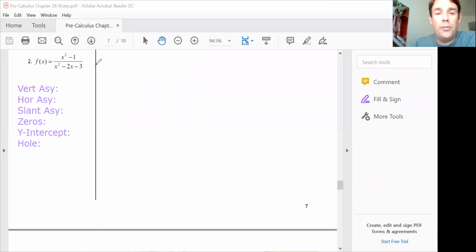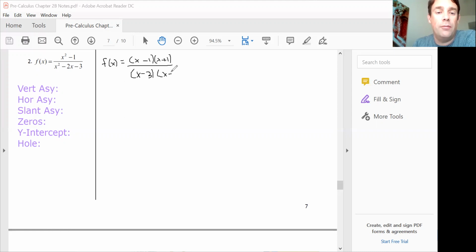All right. So we said before we do anything, we've got to factor it and see what it looks like, because we have to see if anything is going to cancel. So what do we got there? We got x minus 1, x plus 1 on top, and x minus 3, x plus 1 on the bottom.